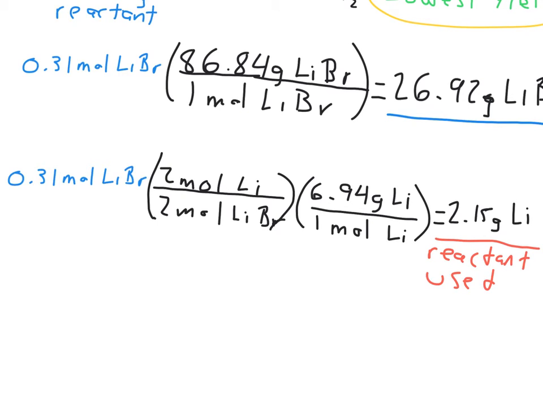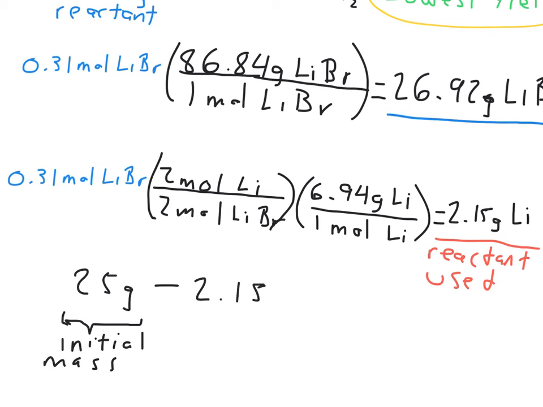This is the reactant used. In the problem, it says that we have 25 grams as the initial mass. So all I have to do is a subtraction with the reactant used, the 2.15 grams that I already obtained.